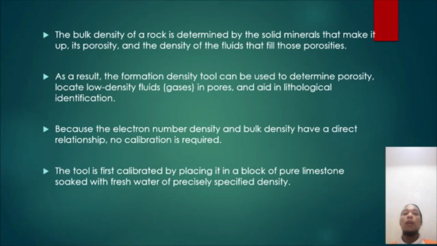This is because the electron number density and bulk density have a direct relationship and no calibration is required. The tool is calibrated by placing it in a block of pure limestone soaked with fresh water of precisely specified density.